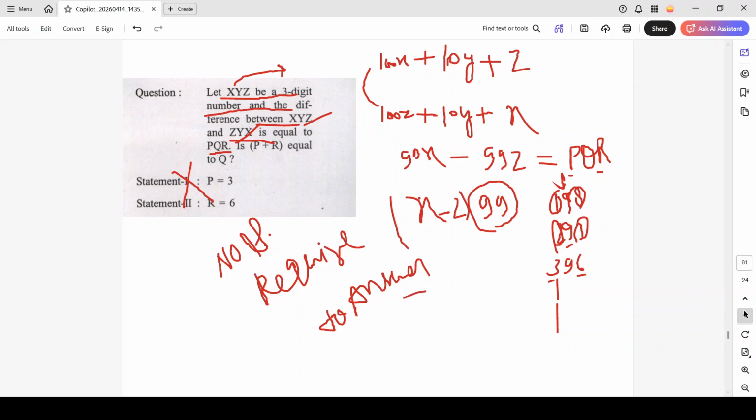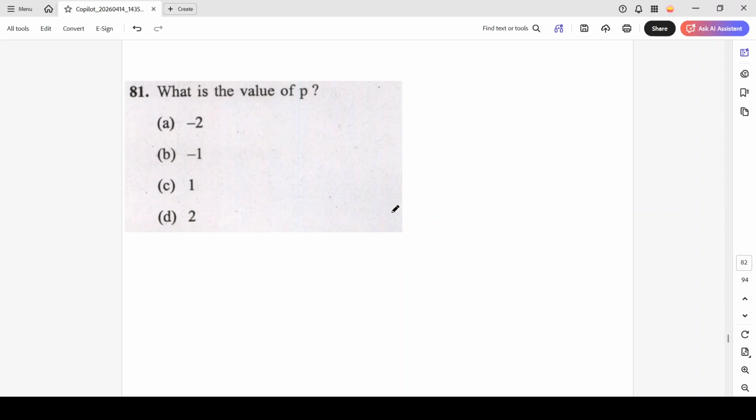Okay, now move on to the next question. Question number 81. What is the value of P? There is a statement missing in it, so let me write it: x to the power 4 plus px cube plus qx square plus x plus 6.